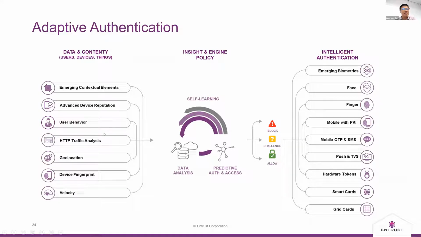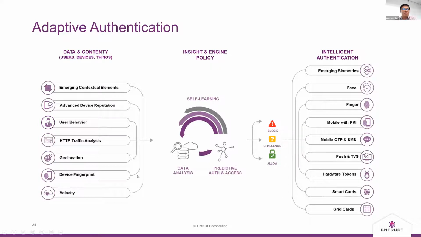It can be a device reputation based on past history, whether the device is stolen or not, or it can be based on the location where the user logs in, or device fingerprint, whether the device has been changed. If the device has been jailbroken, then it is considered insecure, and our system can block this device's access.